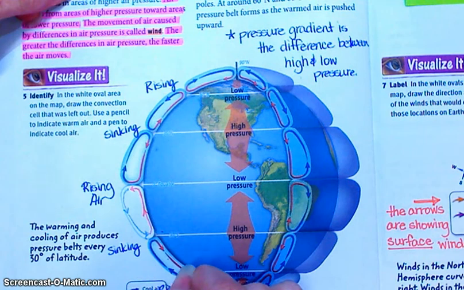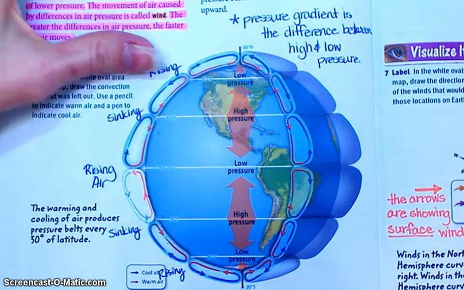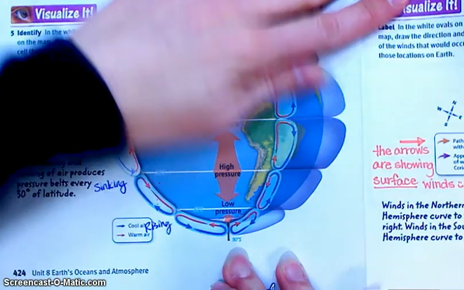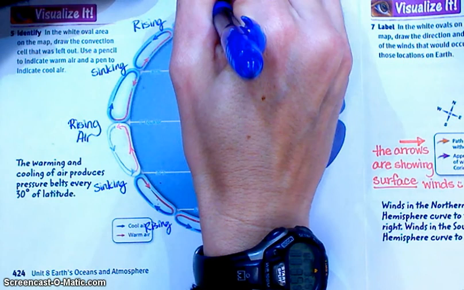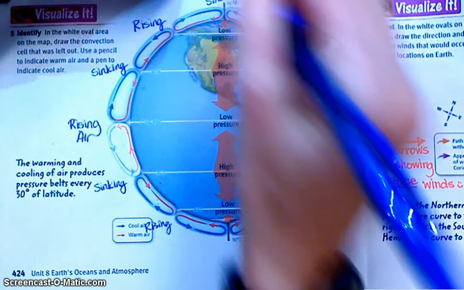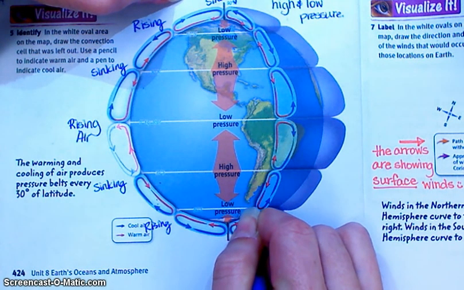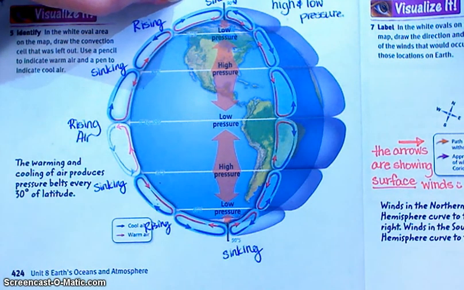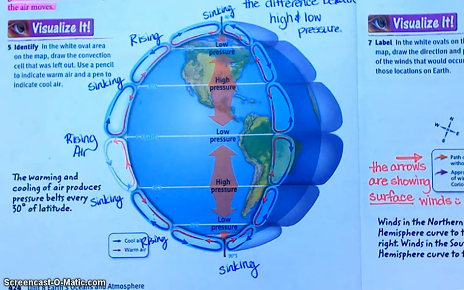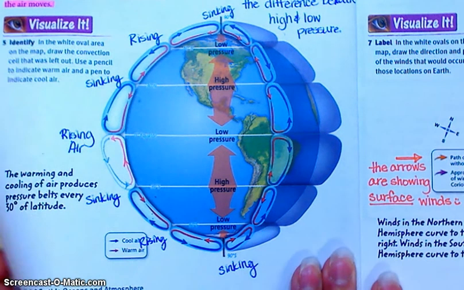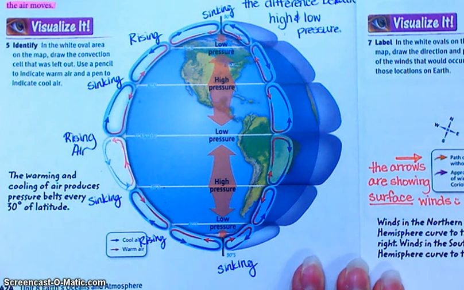And at the poles, we have sinking air again. So you have these giant convection cells that are set up because warm air rises, cooler air sinks, and we have this global pattern of circulating air.